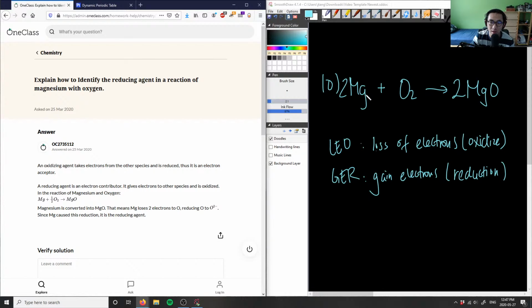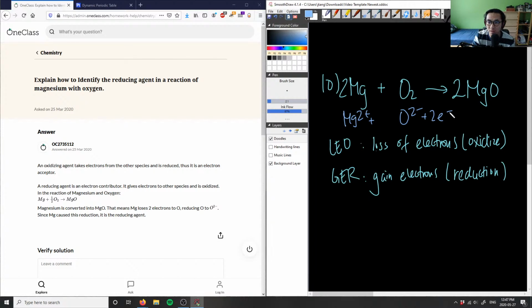I have Mg2+ here, and I'm going to lose these electrons to oxygen, because oxygen is 2-. So I'm going to lose 2 electrons, and oxygen is going to gain 2 electrons here.